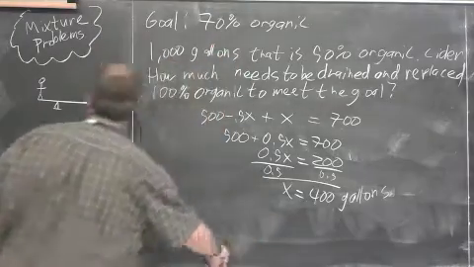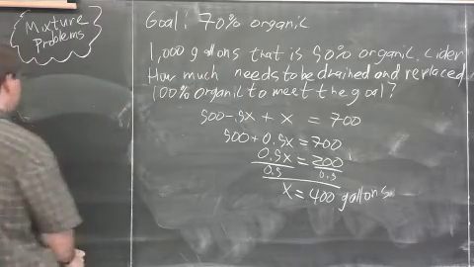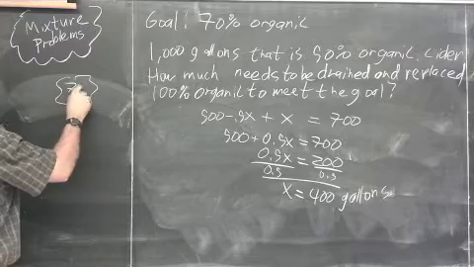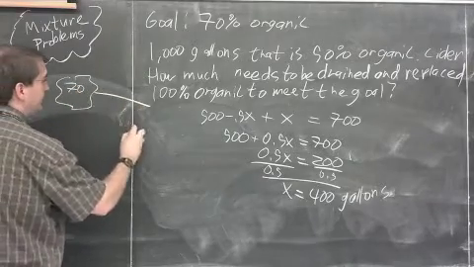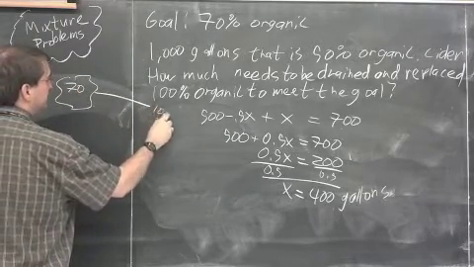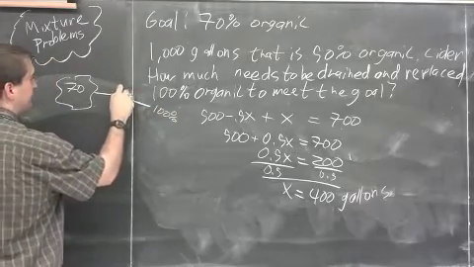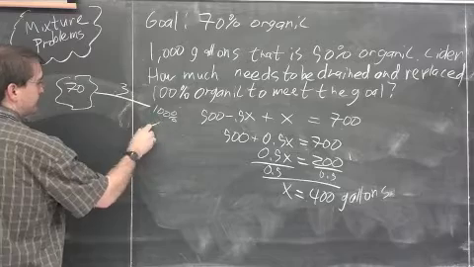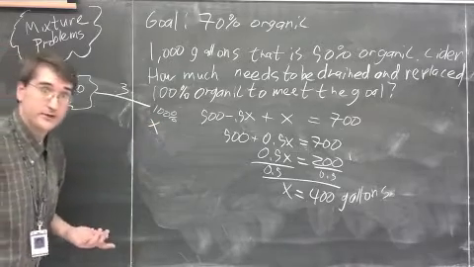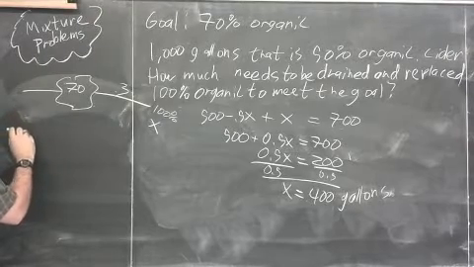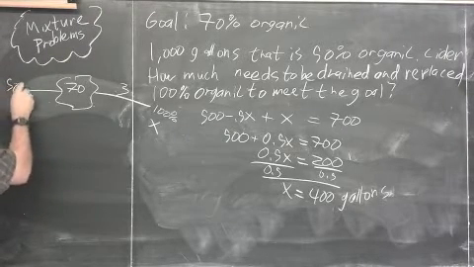We can do the mixture picture. I'm going to go off the screen. 70% in the middle, and this way I have 100%. On that side, that's a distance of 0.3, and there's X number of gallons of that. That's what I don't know. On this side, I have 50%.